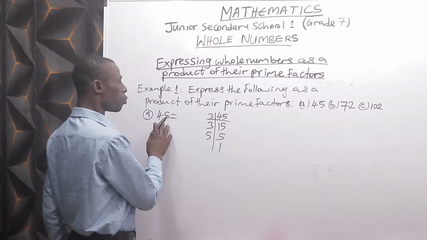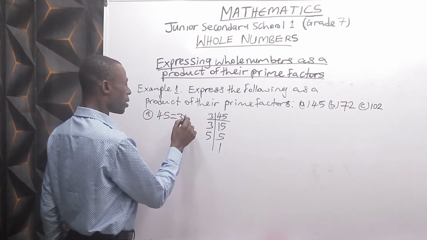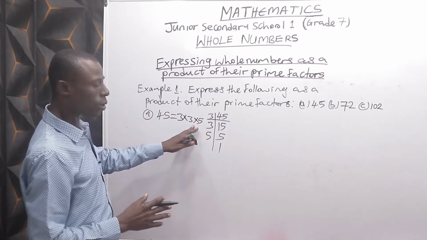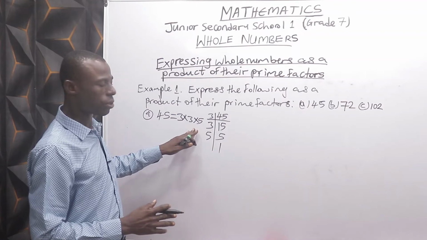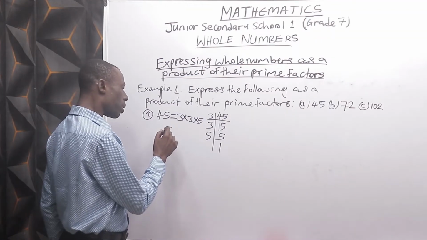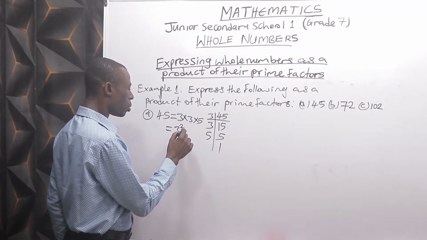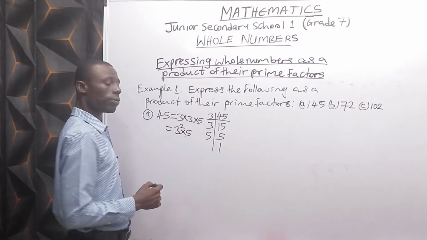Therefore, 45 could be expressed as 3 times 3 times 5 as a product of its prime factors. And it could be in index form, which is 3 raised to power 2 times 5.